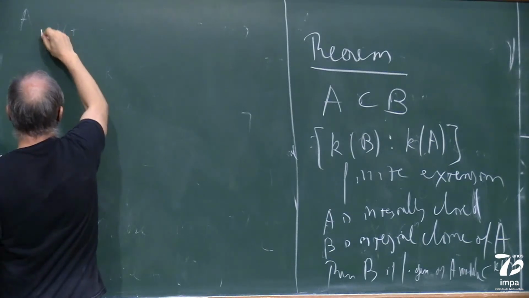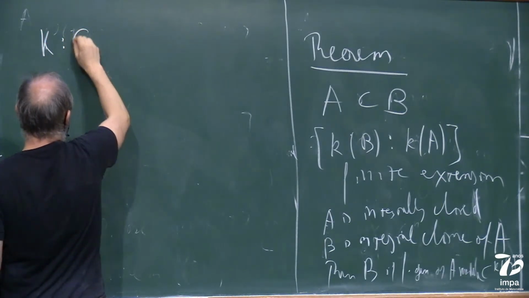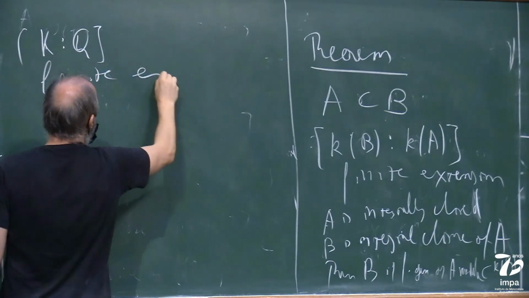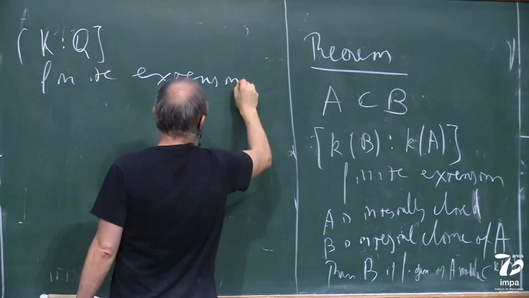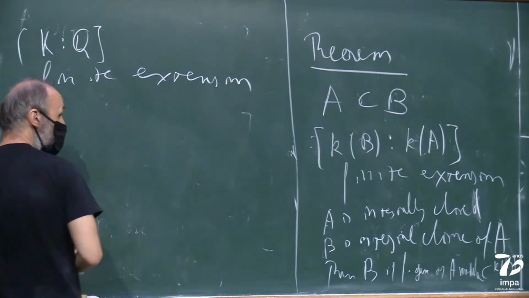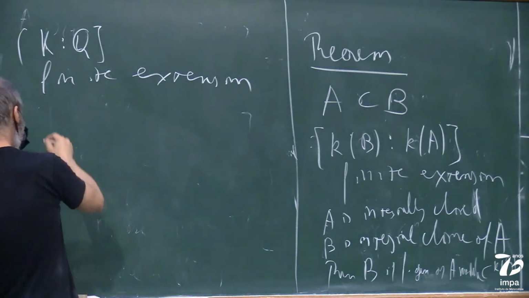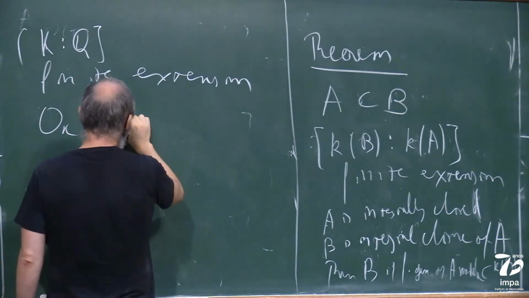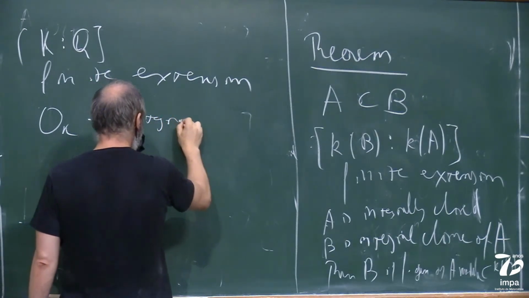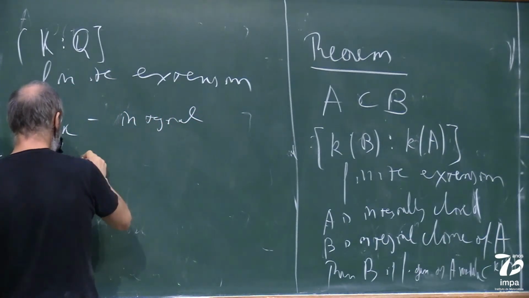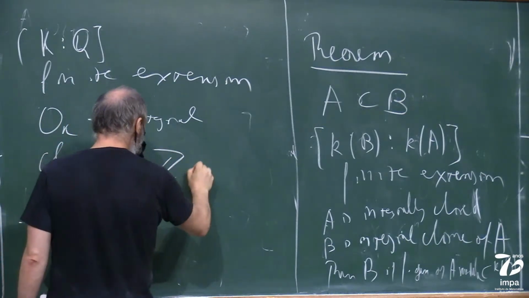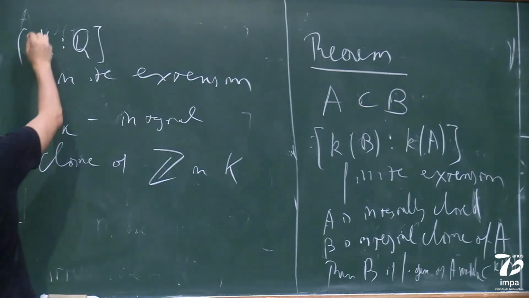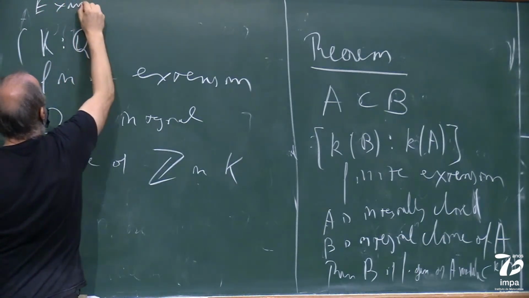Suppose you have K, a finite extension of Q. Then K is called an arithmetic field, and you have the arithmetic ring O_K, the integral closure of Z in K. So this is an example.